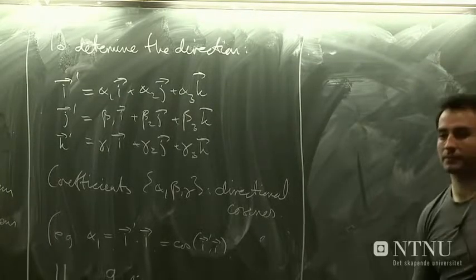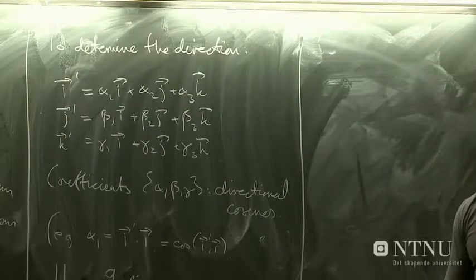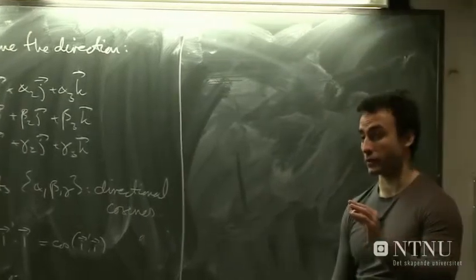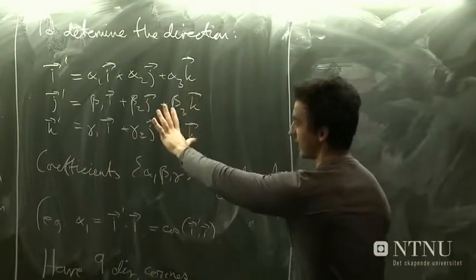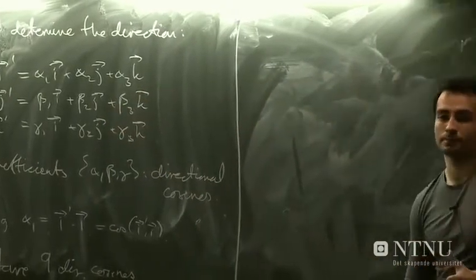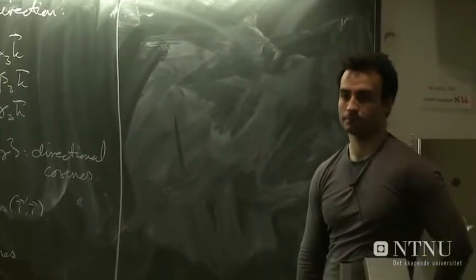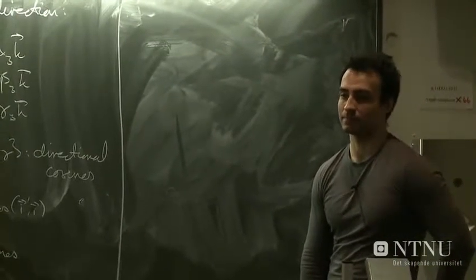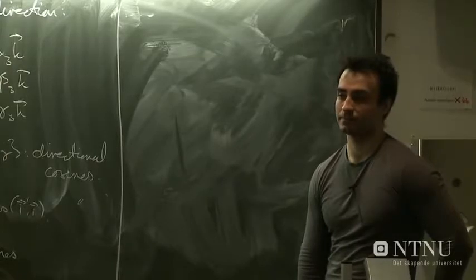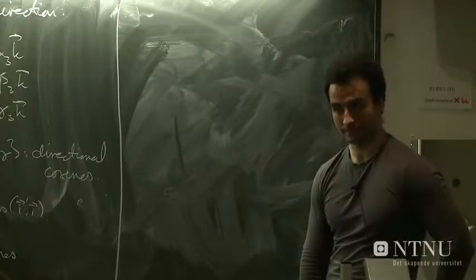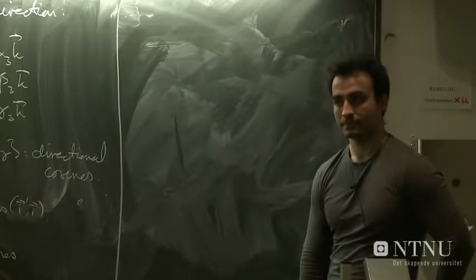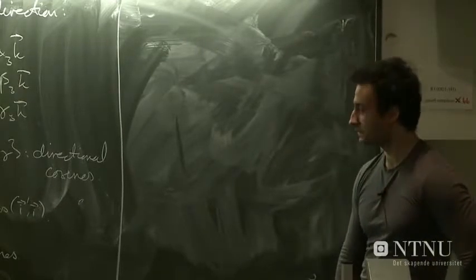Do you have any ideas? Which essentially should reduce the degrees of freedom from 9 to 3. Yes? They should all be in a right-hand system with a 90-degree angle between them, so you can express them as cross products probably to each other.